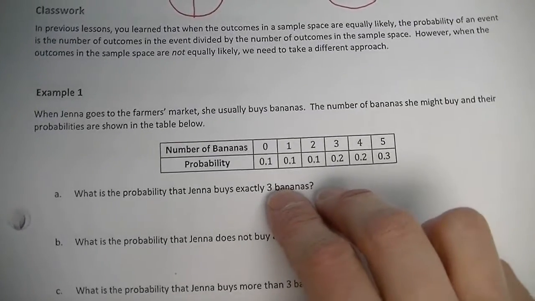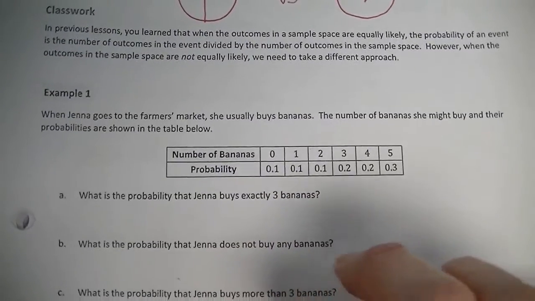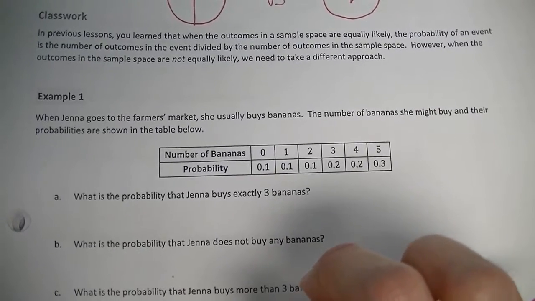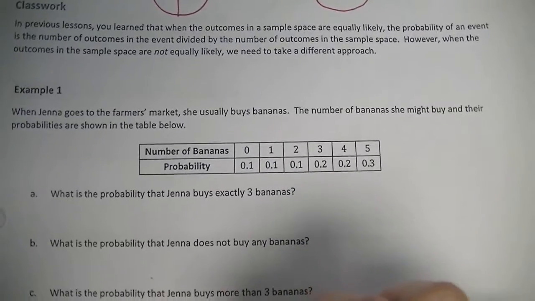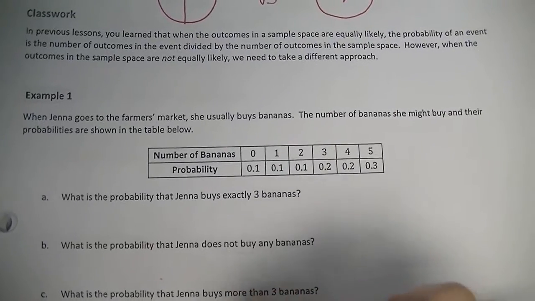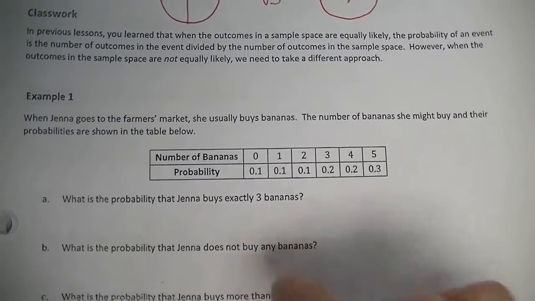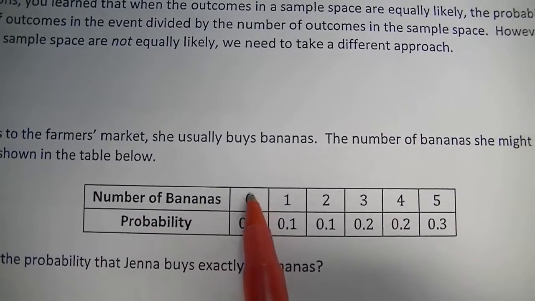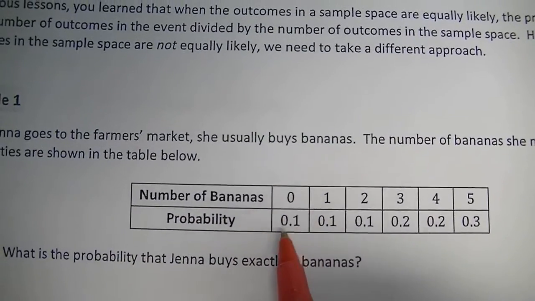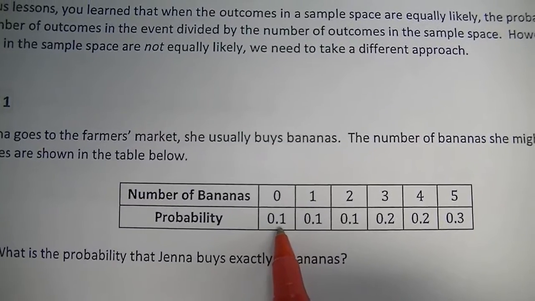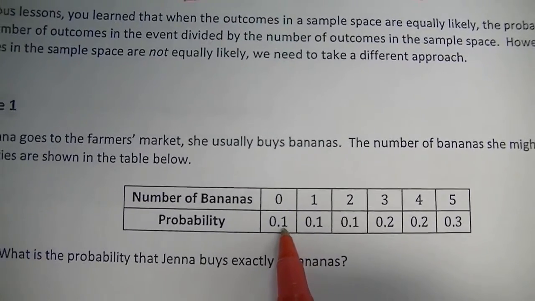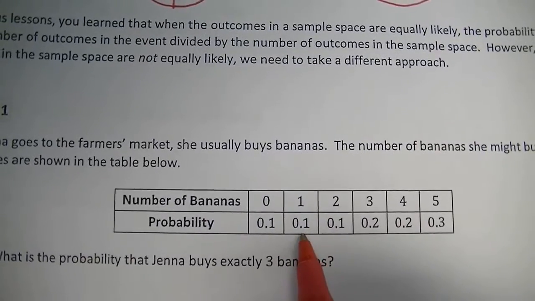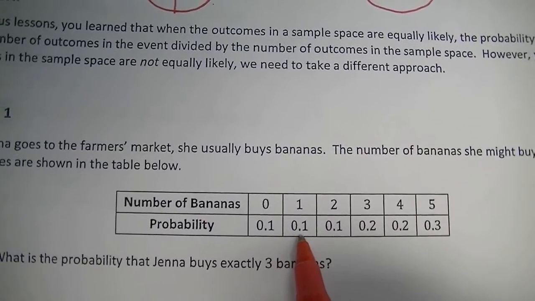So when Jenna goes to the farmer's market, she usually buys bananas. The number of bananas she might buy and their probabilities are shown in the table below. So this Jenna girl is really bananas because she keeps track of all this stuff. For her to buy 0 bananas, the probability is 10%, or 0.1 as a decimal. For 1 banana, it's a 1/10 chance.